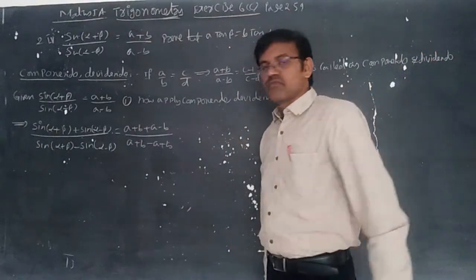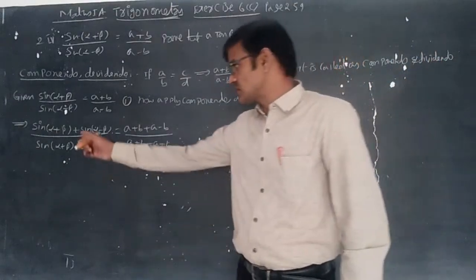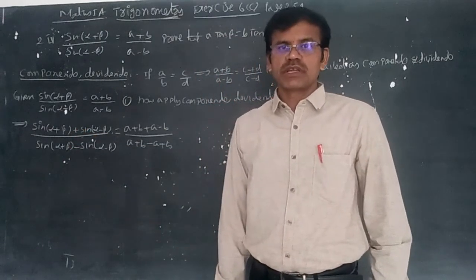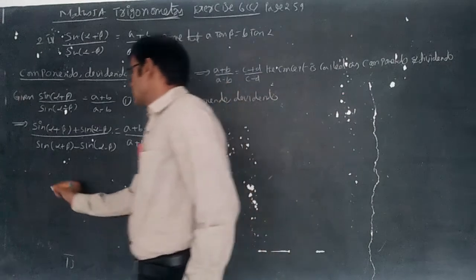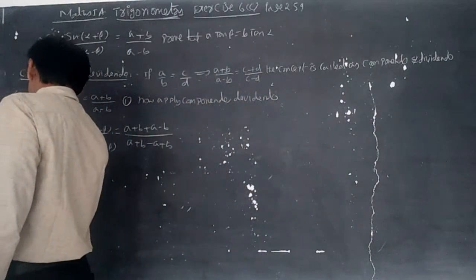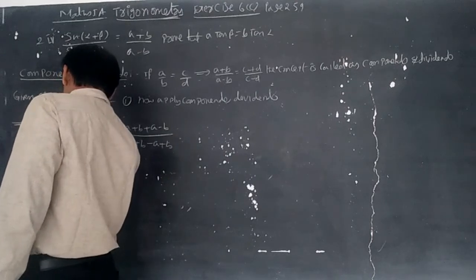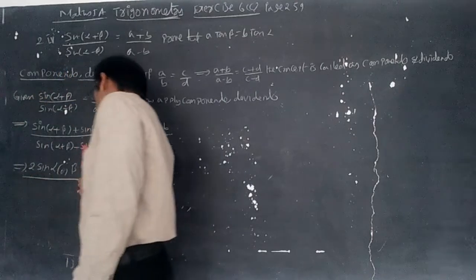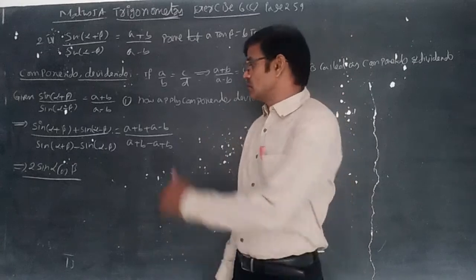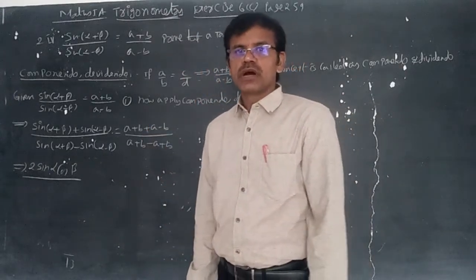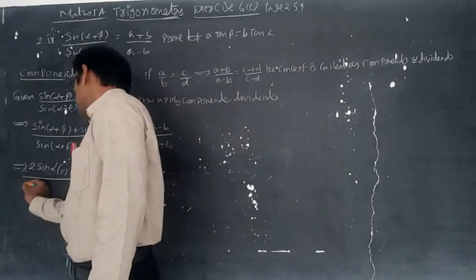The transformation formula: sin A plus sin B becomes 2 sin of half sum cos of half difference. So you can write here 2 sin alpha cos beta, whole by sin of a plus b minus sin of a minus b, formula 2 cos a sin b.